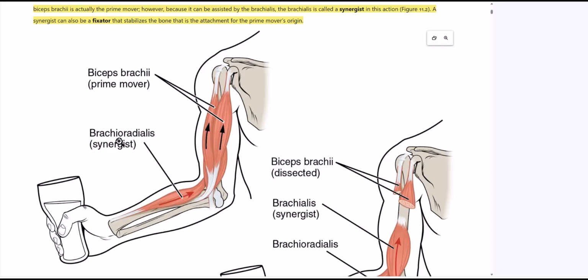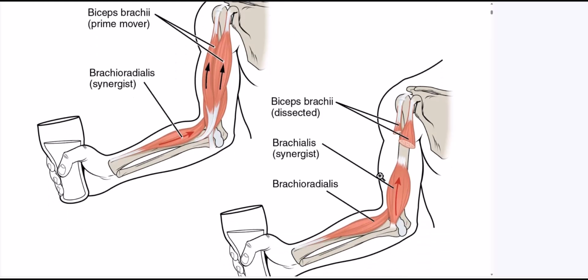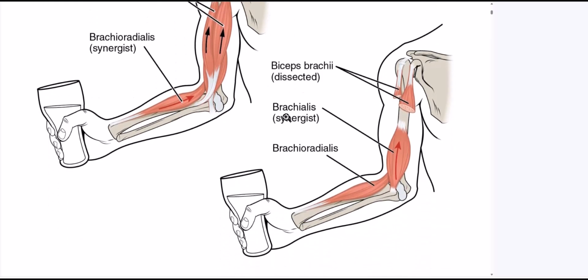So we see brachioradialis must be a muscle that goes from the brachium, right, up in the brachium down to the radius, right? Don't make it too hard. And the brachialis is also another synergist in this movement. So the brachialis is a muscle that is deep to the biceps brachii. You can see here the biceps brachii has been cut away. We see the two tendons, but the brachialis is deep to the biceps brachii and is assisting also as a synergist in the movements.